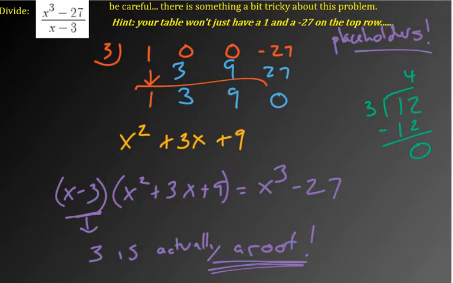So this gives us like a little taste of where we're going with all this stuff, because what we could do to fully find all the roots of this cubic is do long division like this. Then we find out that 3 is a root, and then we could just factor this quadratic. And once we factor this quadratic, we find its roots, right, which we've done a bunch before.